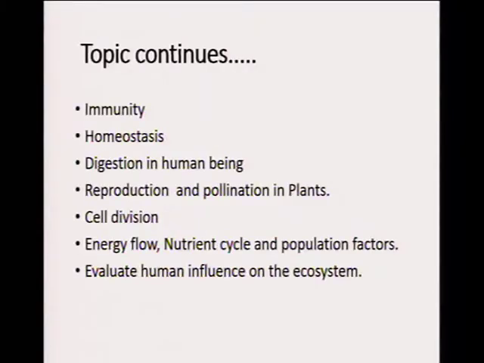decrease. Now let's look at, we evaluate, the last topic there: human influence on the ecosystem. We are looking at what impact we have on our ecosystem. What are some of the human activities that we do that influence the ecosystem?